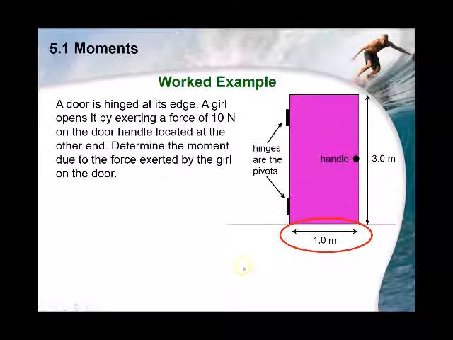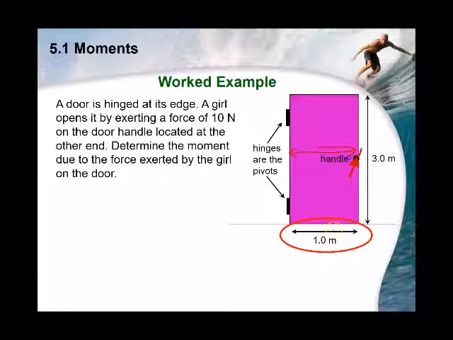What about this? You have another example. A girl is exerting a force of 10 Newton on the door handle. You want to find the moment due to the force exerted by the girl. The force exerted by the girl is here. This is where she's going to exert the force. If she exerts a force there, the perpendicular distance will be the perpendicular distance to the pivot, this one over here.